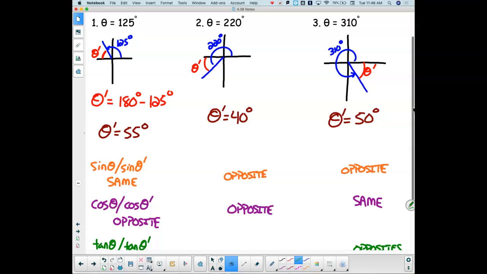Yep. Where is cosine the same? One and 4. So cosine should be the same over here if my theta is in quadrant number 4, with my reference, because my reference angle is always going to be where?